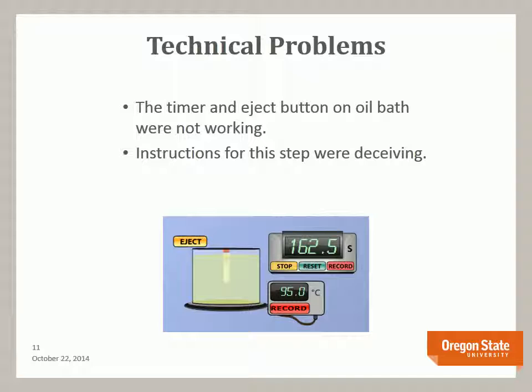It wasn't that big of a problem, but I have to say that the directions specifically tell you to try to remove the sample ahead of time, and notice that it won't allow you to. But because of the technical problem, you were able to, and therefore that screwed up your experimental design.